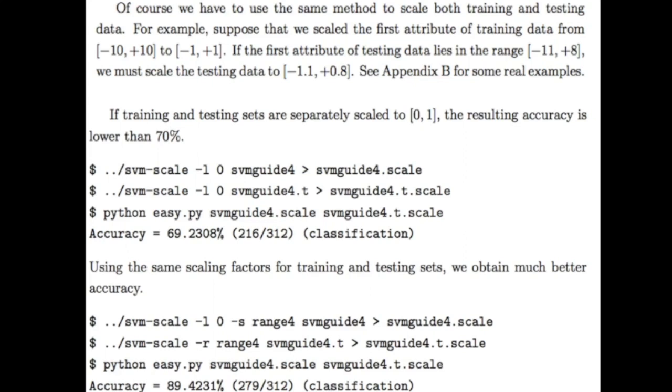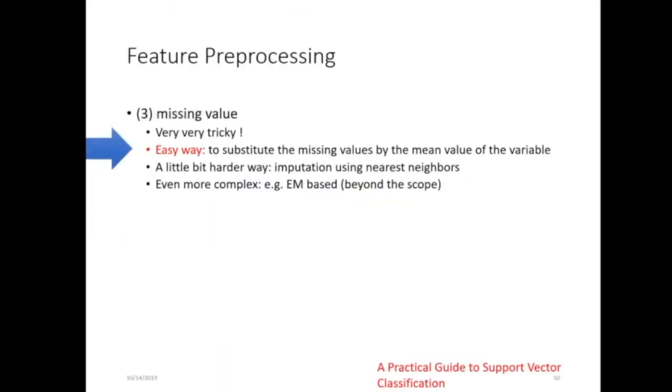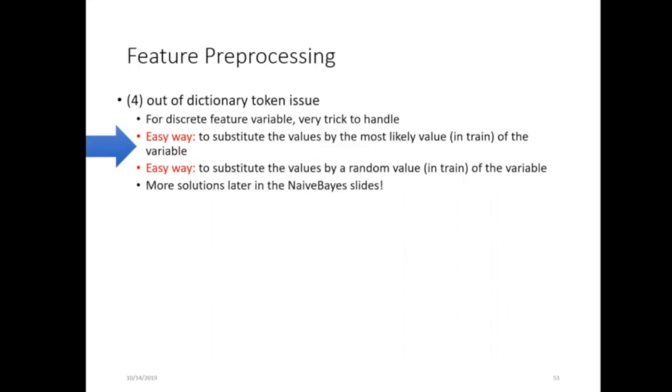Yeah, it's already 15:18. And for missing values, you just do frequent value substitution, or you use the mean value. There are a lot of tricks. There are also out-of-dictionary tokens.